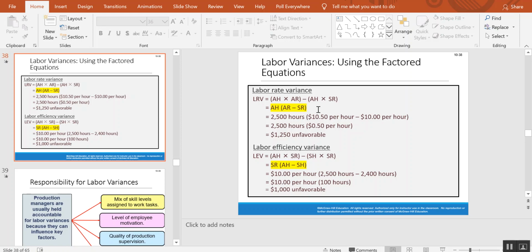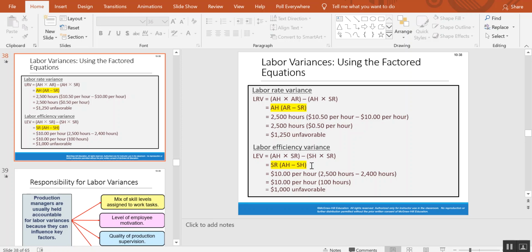And again, I've highlighted these formulas. The labor rate variance, it's very important, is the actual hours times the actual rate per hour, minus the standard rate per hour. The efficiency variance is the standard rate times the actual hours minus the standard hours.